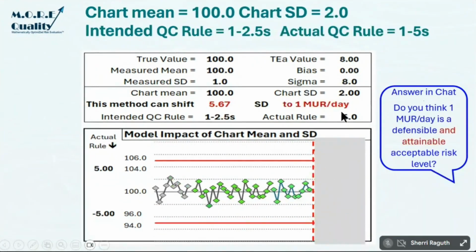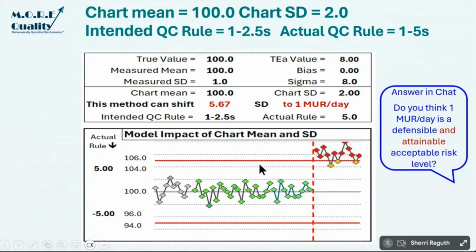If we go back to that original chart with the inflated standard deviation, which is so very typical, and now on this one, I changed the total allowable error limit to 8. So if you've got a sigma value of 8, you can get away with doubling your SD.